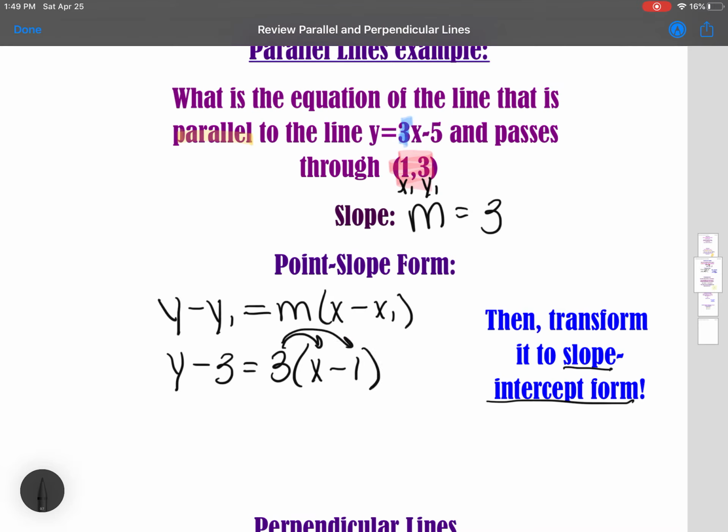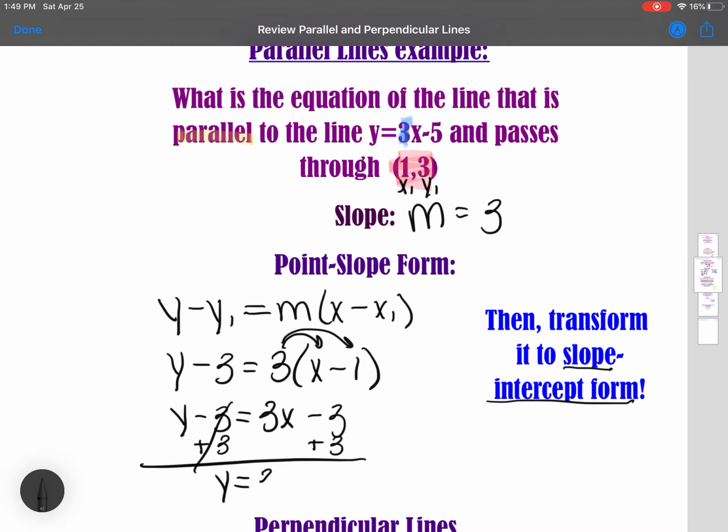I will distribute my slope. y minus 3 equals 3 times x is 3x. Minus 3 times negative 1 is negative 3. And my last step is to add 3 to both sides. Okay. y equals 3x.